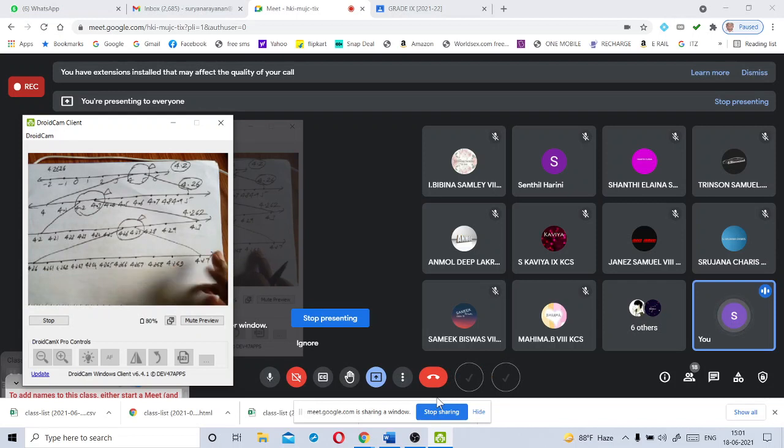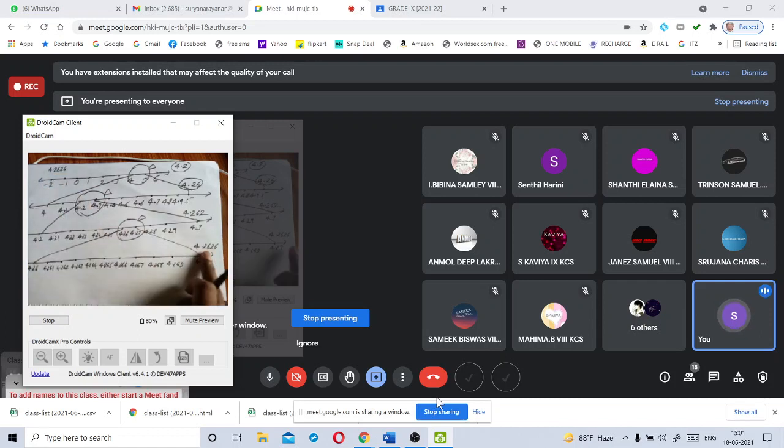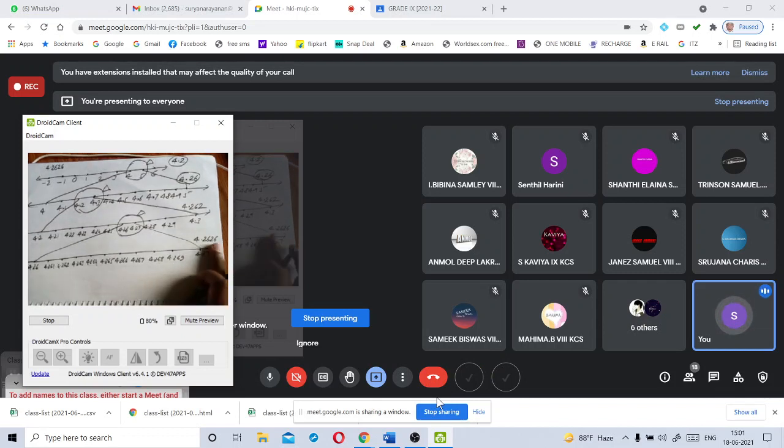After writing these numbers, again take the whole number part and the first four decimal places. After taking the whole number part and 4 decimal places, we can identify between which numbers on this number line this number lies. Can you identify between which numbers this number lies? Can anyone tell me?